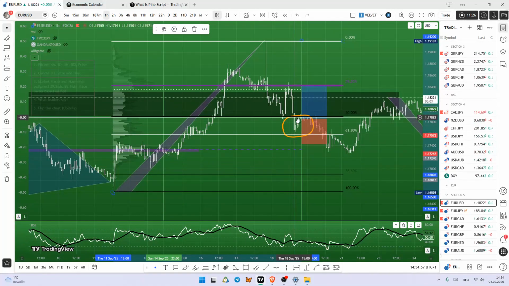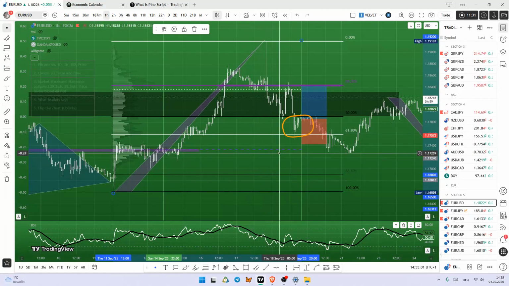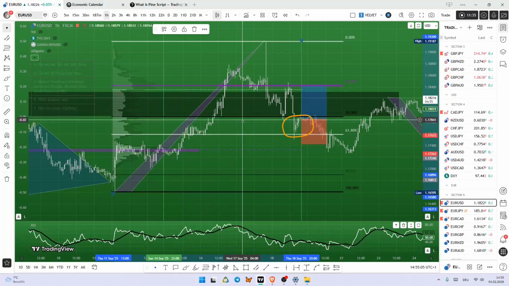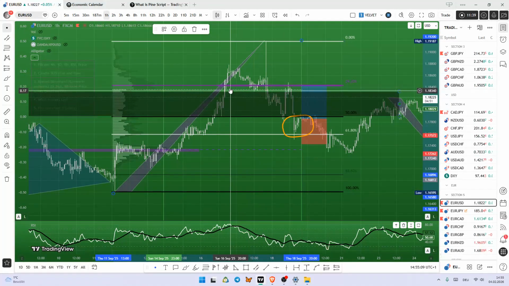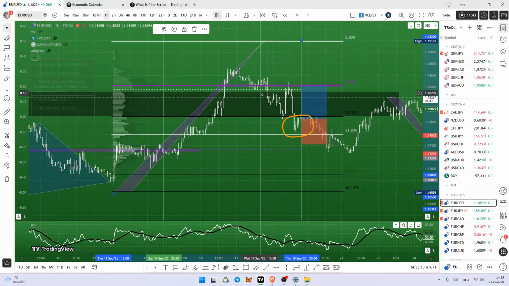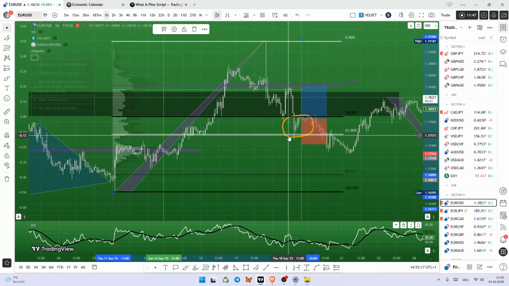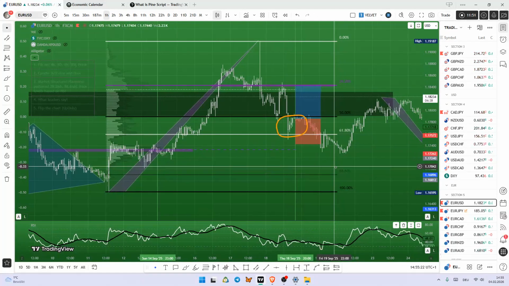So if the golden zone fails, then we can only count on volume profile. So POC or VAL or VAH, something with H at the end. I'm sorry.